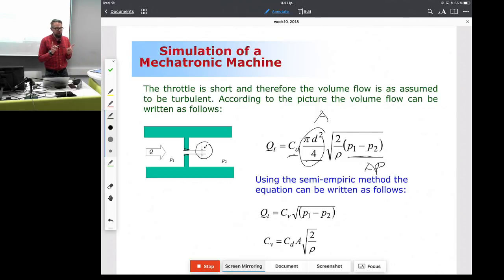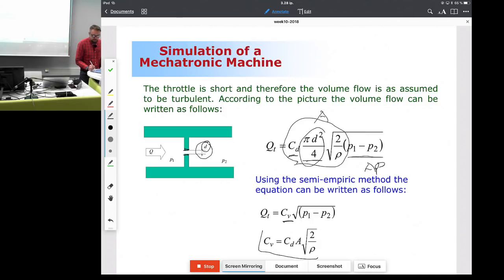Now a simple parameter needed in the model is D here, the diameter. Again, not that easy to get because it's somewhere inside of the component, so it's less straightforward to measure the diameter. So what we will do is that instead of using these parameters, we will replace all the parameters by something that is called a semi-empirical parameter. The semi-empirical parameter is the one that includes all the unknowns: discharge coefficient, the cross-section area and the density.